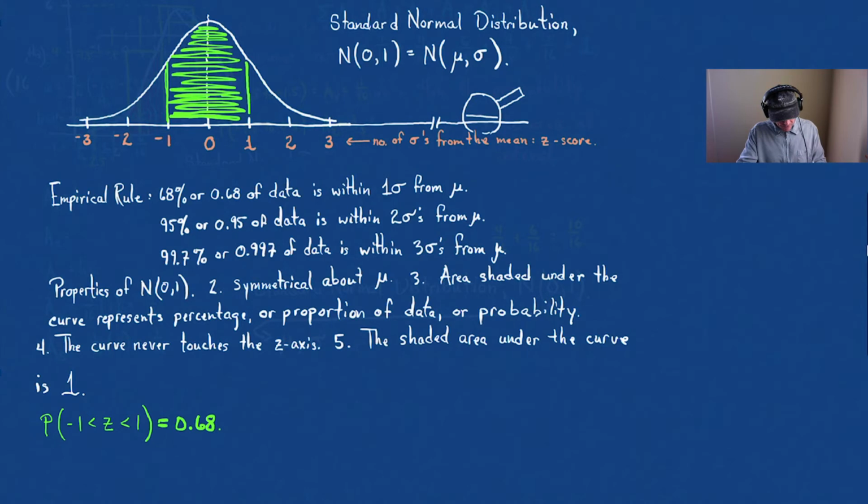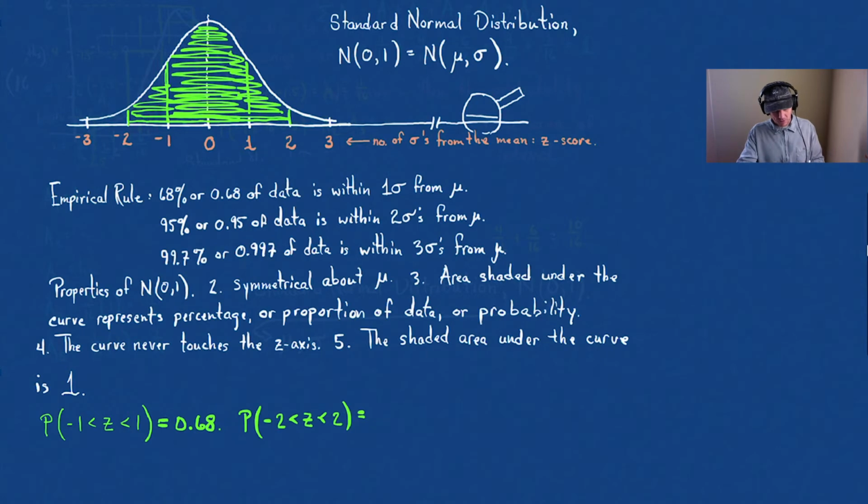Okay, let's do another one. Now, let's try that the probability from -2 less than z less than 2. Well, now what that would mean is I'd go from -2 up to +2. Well, if I shade all of that, that means all the stuff that I shaded plus these additional regions, my picture would start to look like this.